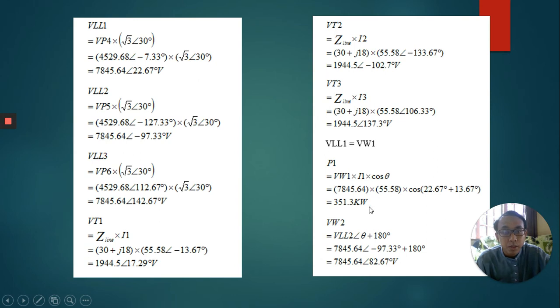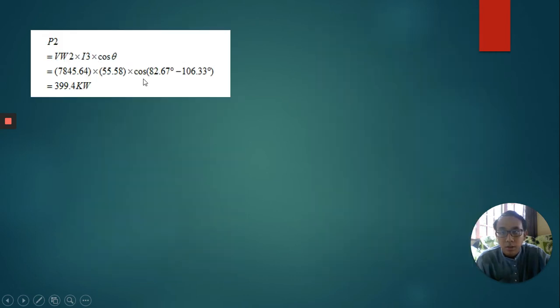For the second wattmeter, we need to use the formula VLL2, this VLL2 times plus 130 angle only. Then we got this. Then for wattmeter 2, times I3 because it's on the line of I3, then times cos theta. The angle is like this, the angle for voltage and the angle for current. And we got this answer.